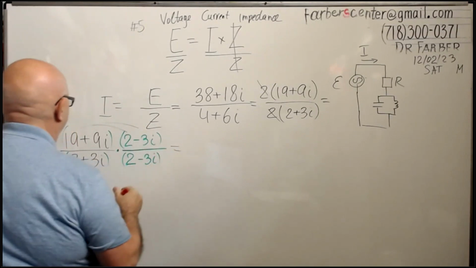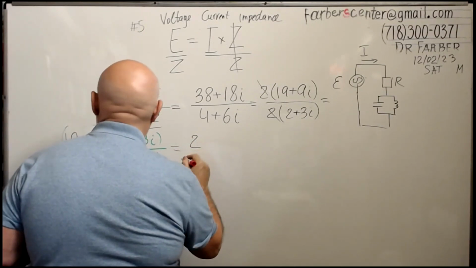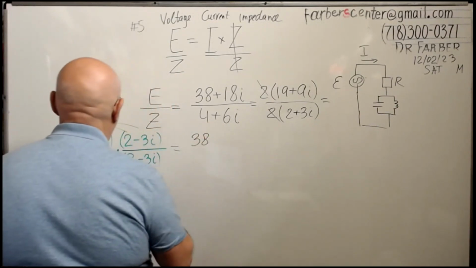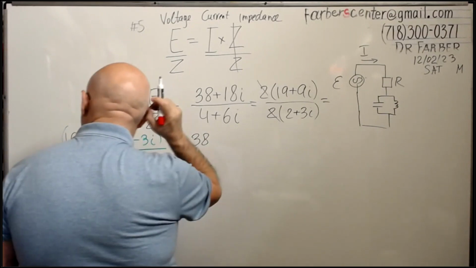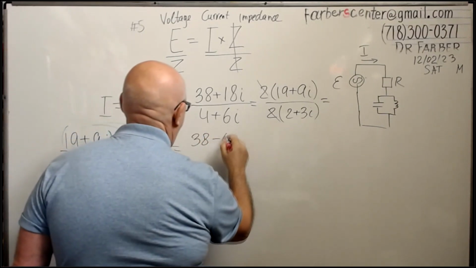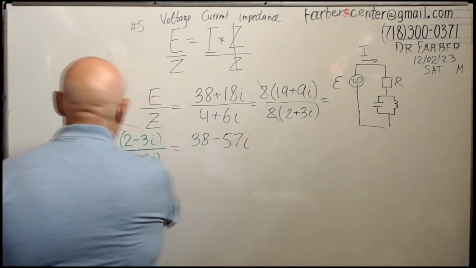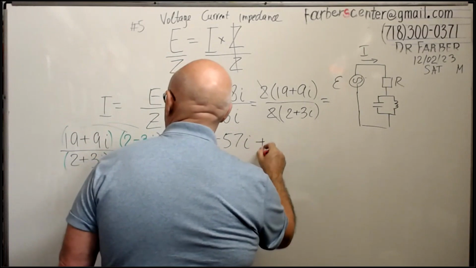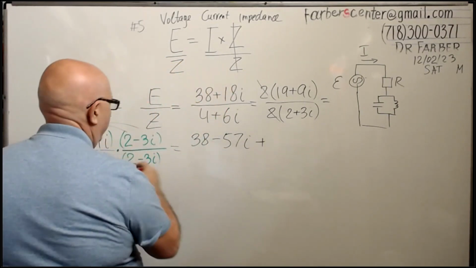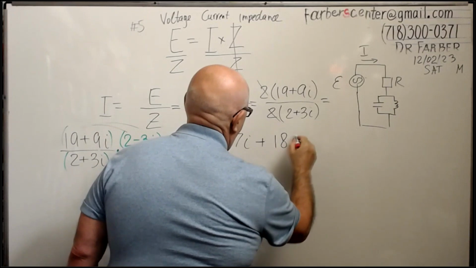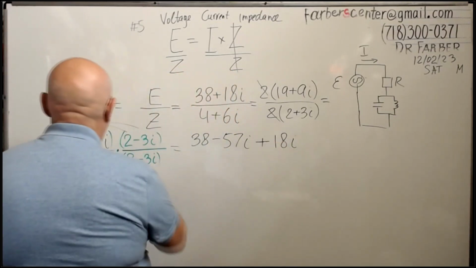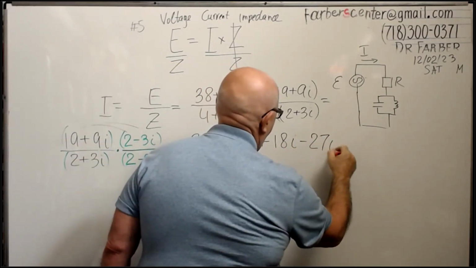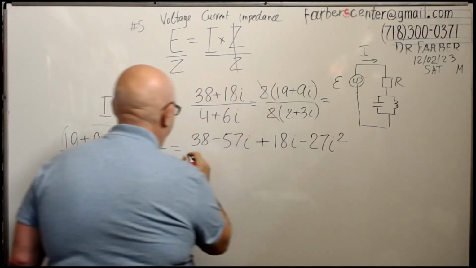You will have 38, minus 57i, since I multiply 19 times 3i, plus 18i, and minus 27i squared. This is the numerator.